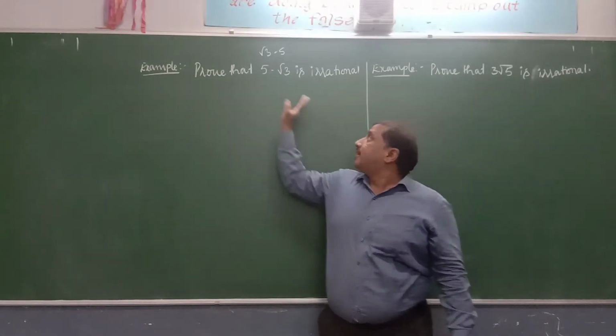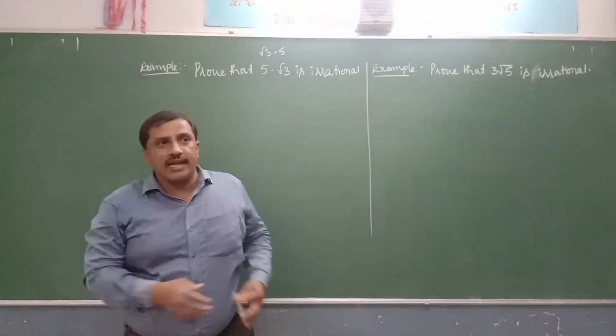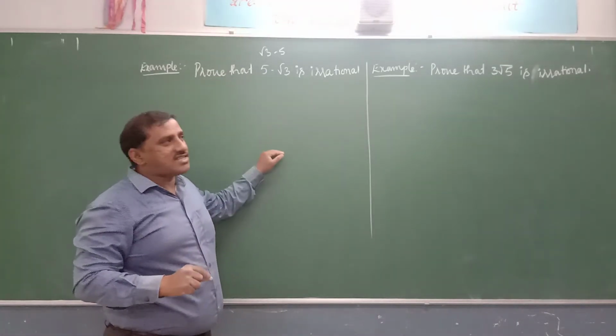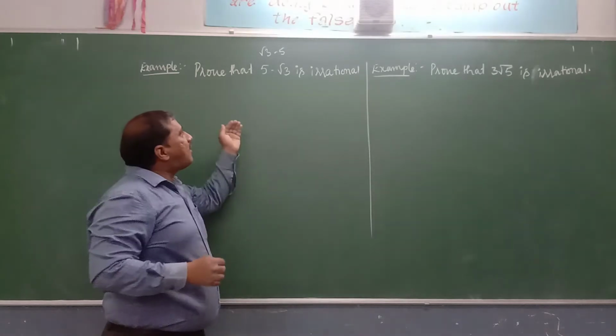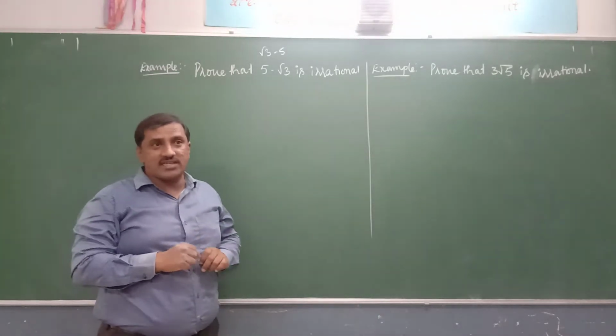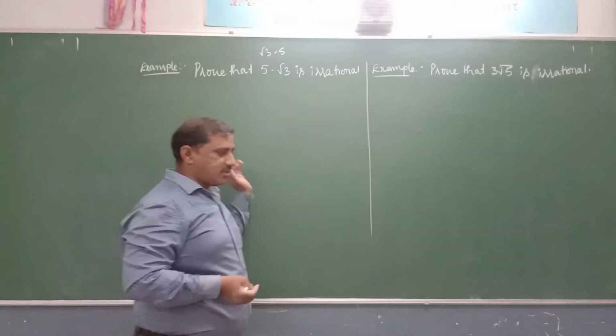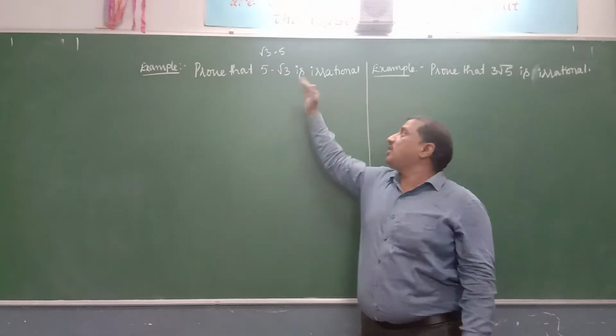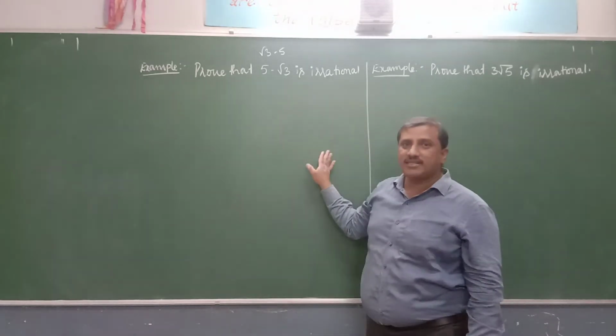Here, two types of questions are possible. If it is given that root 3 is irrational, we can directly prove 5 minus root 3 is irrational. If it is not given that root 3 is irrational, you have to first prove root 3 is irrational, then prove 5 minus root 3 is irrational.